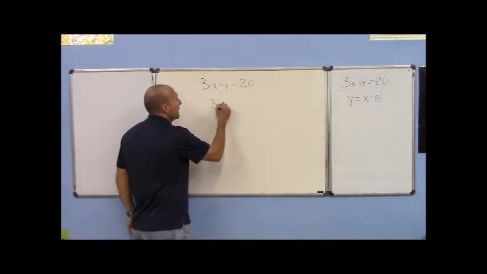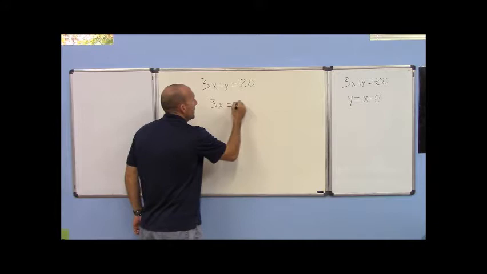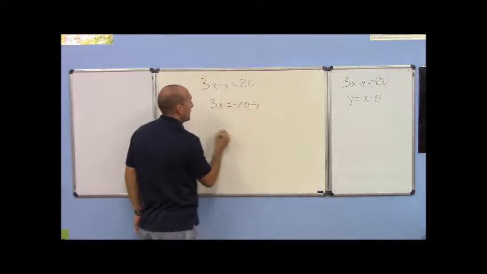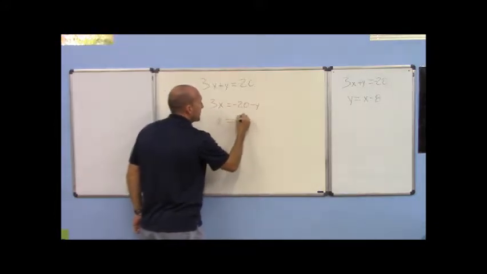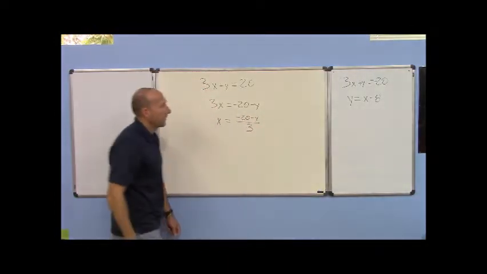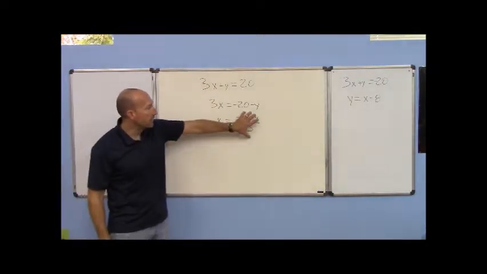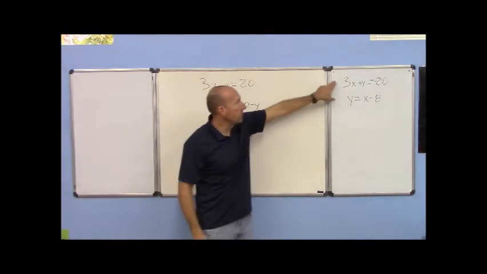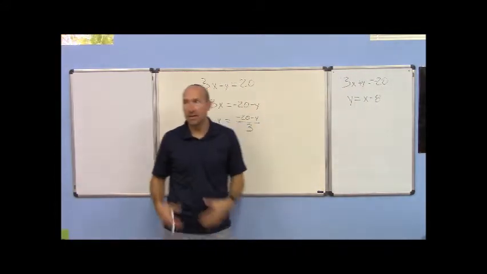Well, we can do 3x equals negative 20 minus y, and then x equals negative 20 minus y, all that divided by 3. Then we could plug this value in to any one of these equations in place of x and solve from there.